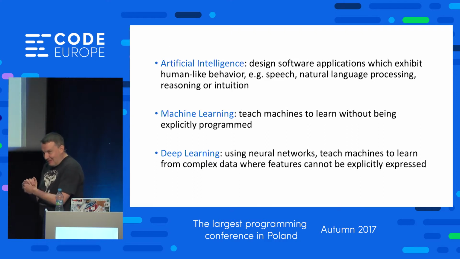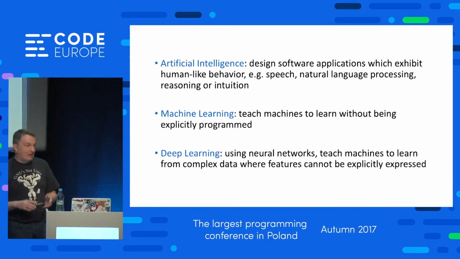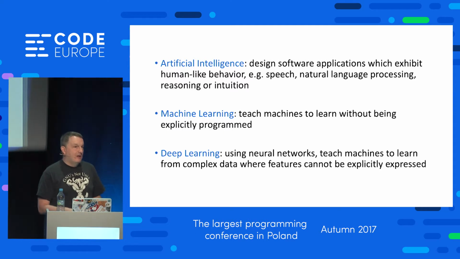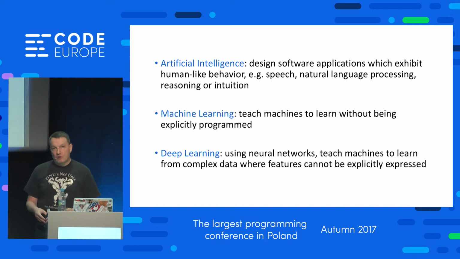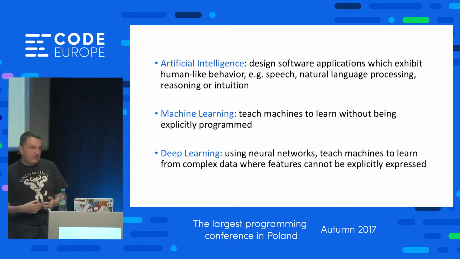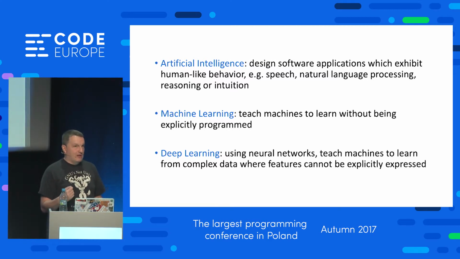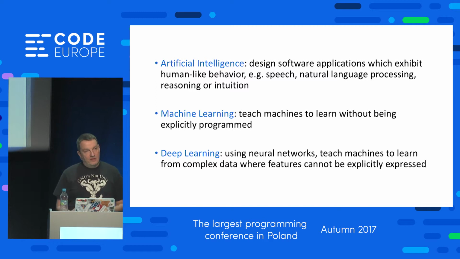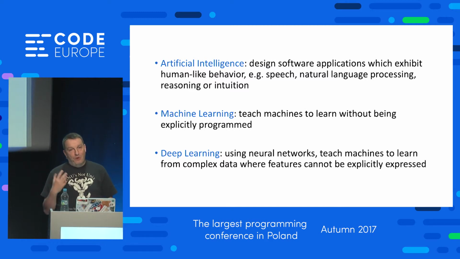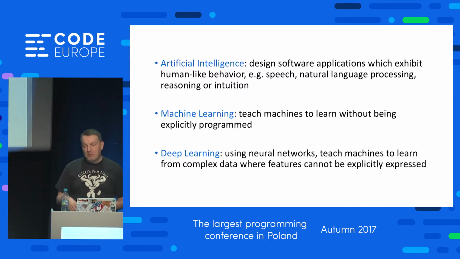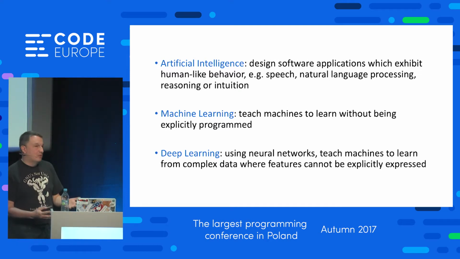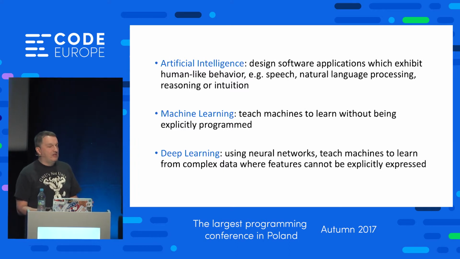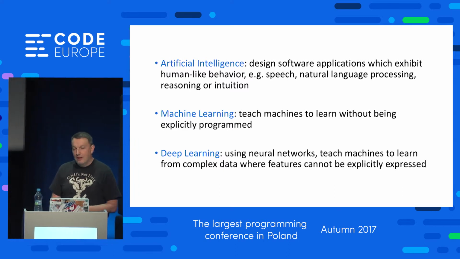Okay. So just a few definitions before we start. Artificial intelligence is trying to build systems that show human-like behavior, systems that can talk, systems that can understand natural language, systems that can follow complex reasoning beyond explicit programming, and systems that can do prediction, right? And it's been there for 60 years, so it's not new at all.